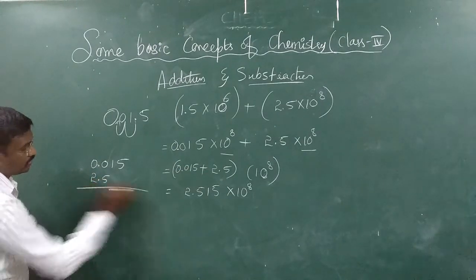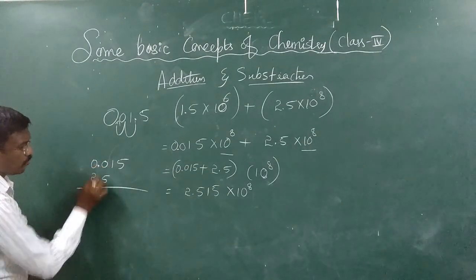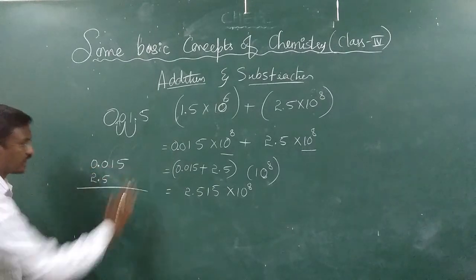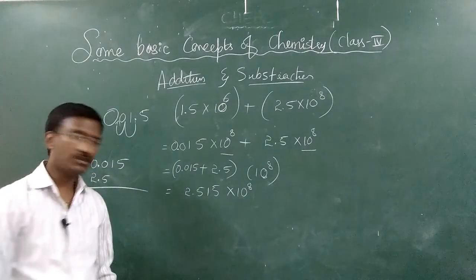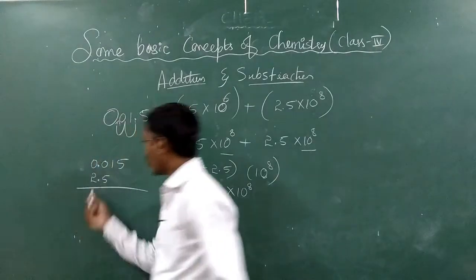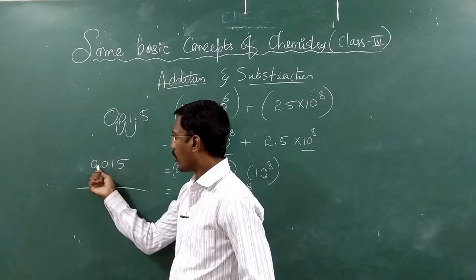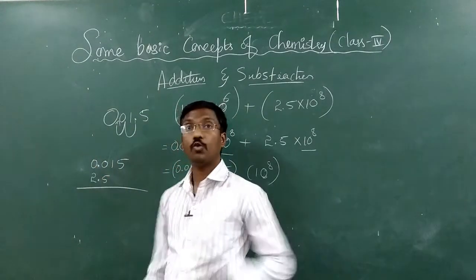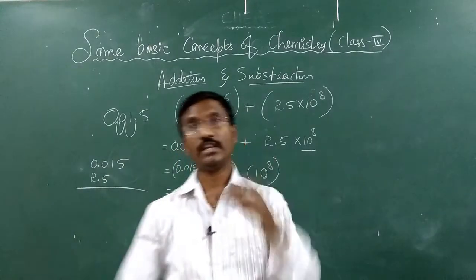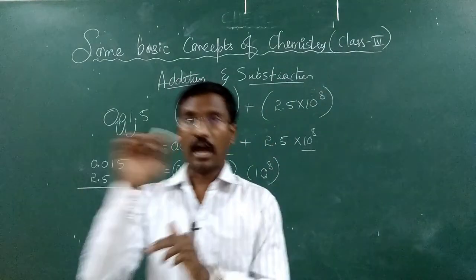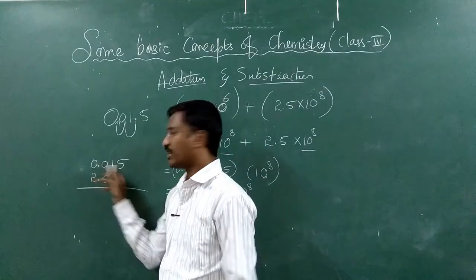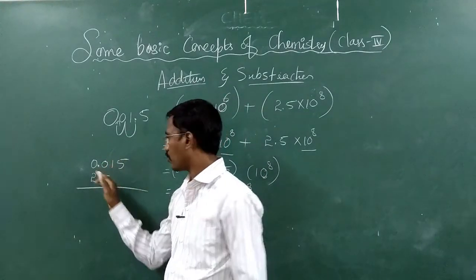Can you see here, we have to look at the points. While doing the addition, we have to observe the numbers before the point and after the point. Before the point are the whole numbers: 1, 2, 3, 4, 13, 15, 16. After the decimal point are the fractional numbers: point 1, 2, 3, point 0, like that.